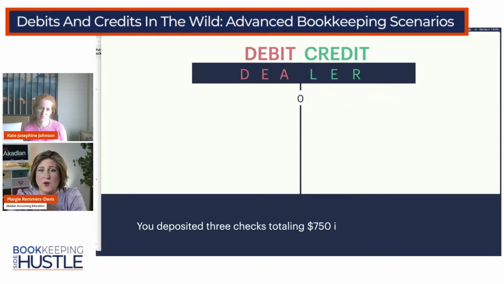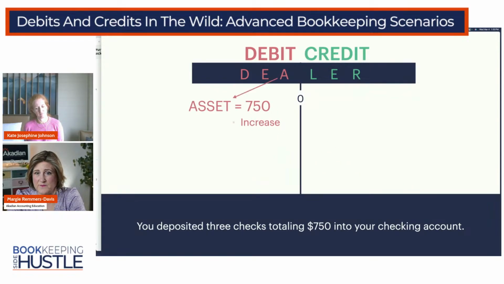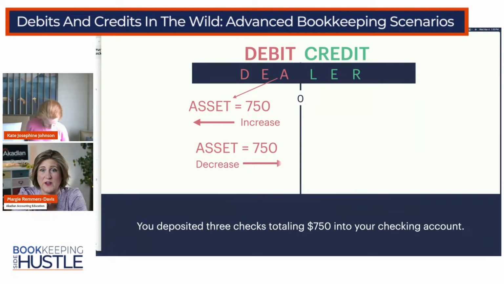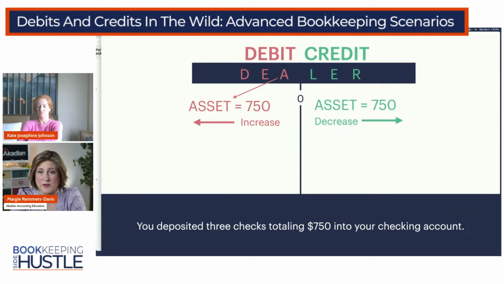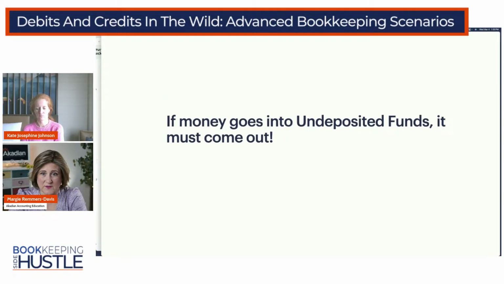So here you deposited 3 checks totaling $750 into your checking account. The checking account is an asset, so that increased. And the asset that is your clearing account, that also has $750, that's going to decrease. So we've still got assets on both sides, and the net effect on the balance sheet is 0.